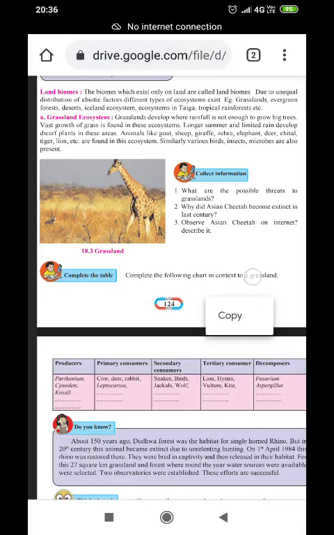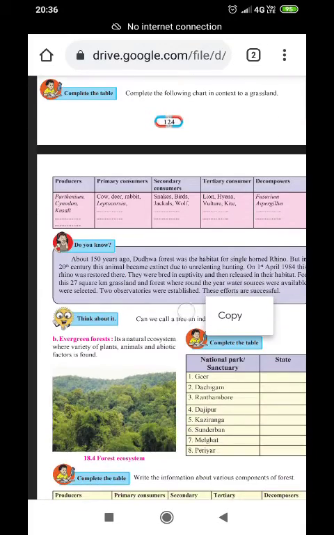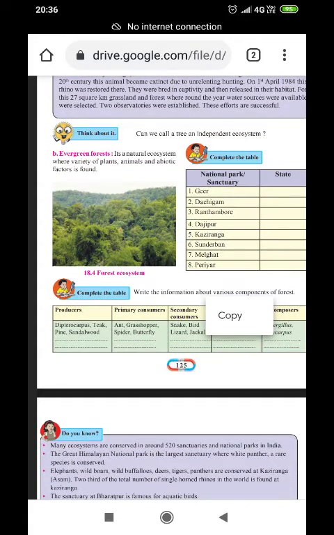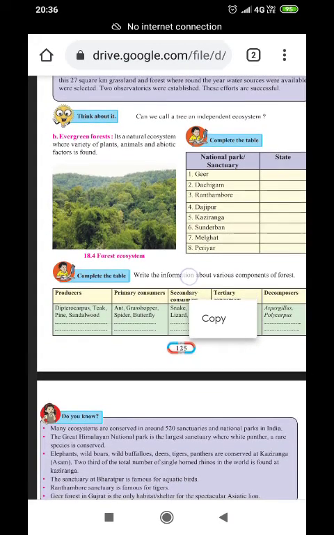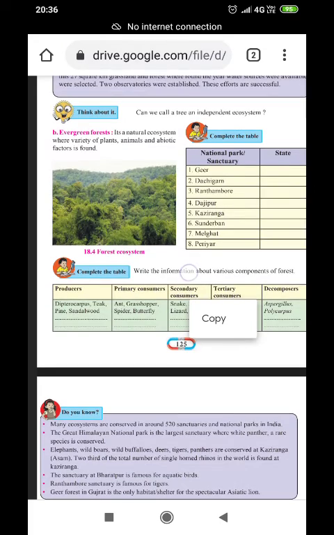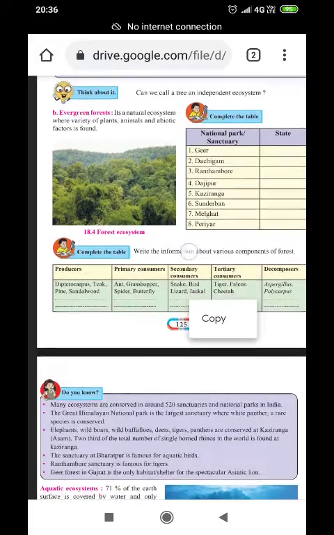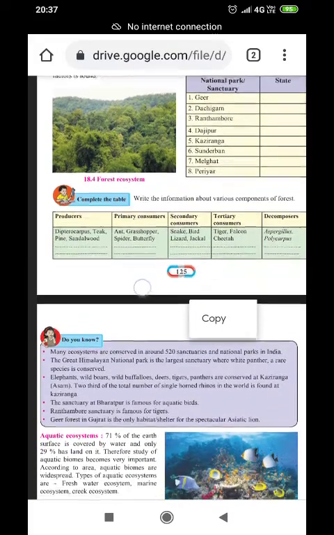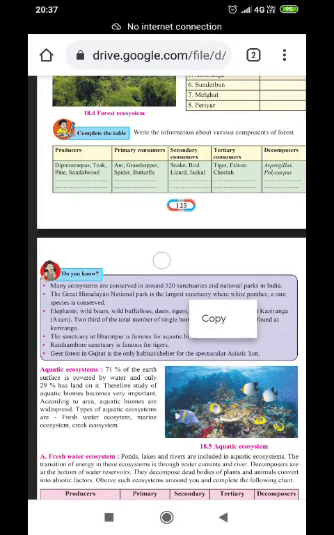Now we'll move to another part of the land biomes, that is the evergreen forest. A variety of plants and animals are found. Now, in them, various types of producers, primary consumers, secondary consumers, tertiary consumers, and decomposers are there.